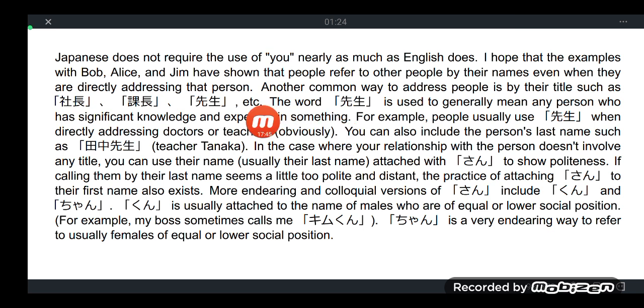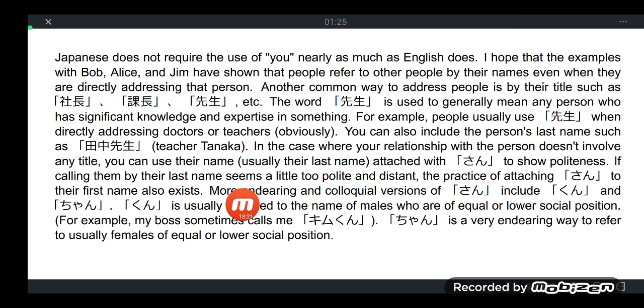So you may also refer by the title, and as I have said, the most common way to address a person is, of course, to use the last name and suffix it with san. That's the formal way, because in Japan, to be formal and respectful, please use the surname rather than the first name, and then suffix the san.